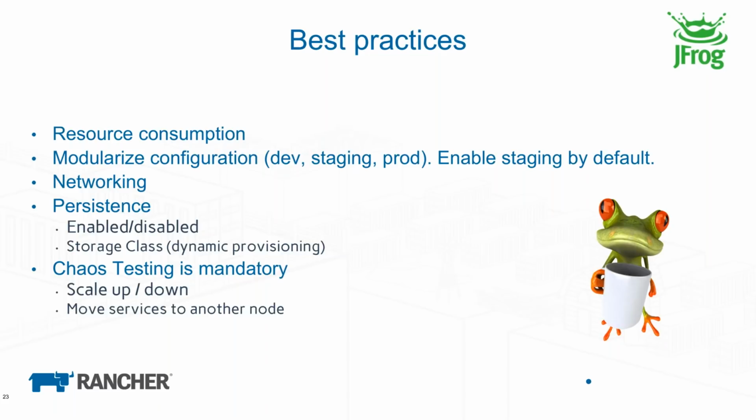And in general, we recommend that your default values be the ones for staging, not the ones for prod, not the ones for dev, but your staging environment should be the environment that's close to prod but not actually prod.